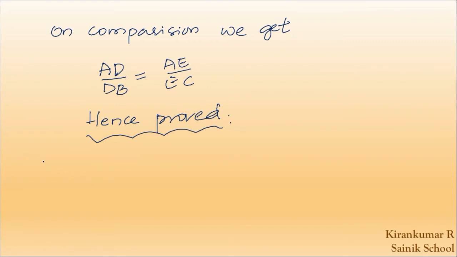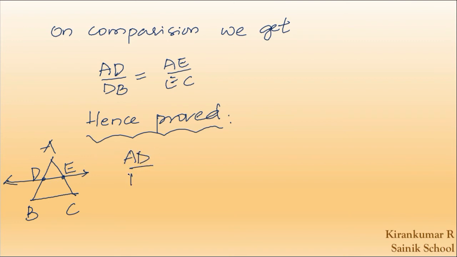Now once again I want you to recall, we have the triangle ABC and we have drawn a line parallel to the side BC. It intersects at two distinct points D and E, and the result obtained is AD upon DB equal to AE upon EC.